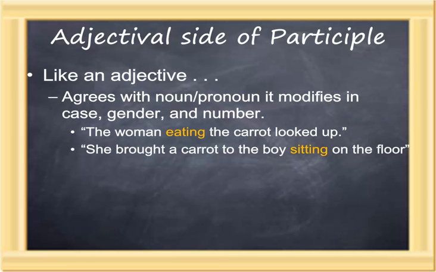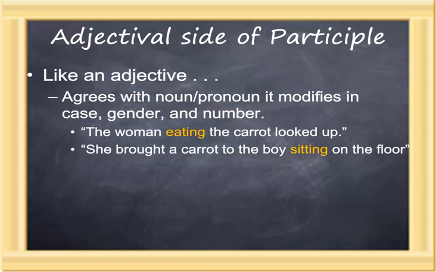As to the adjectival side of a participle, because it's like an adjective, a participle will agree with a noun or a pronoun that it modifies in case, gender, and number. So if we were taking the English sentence, "The woman eating the carrot looked up," into Greek, since woman is the subject of the sentence, the case ending for "eating" would be nominative feminine singular.